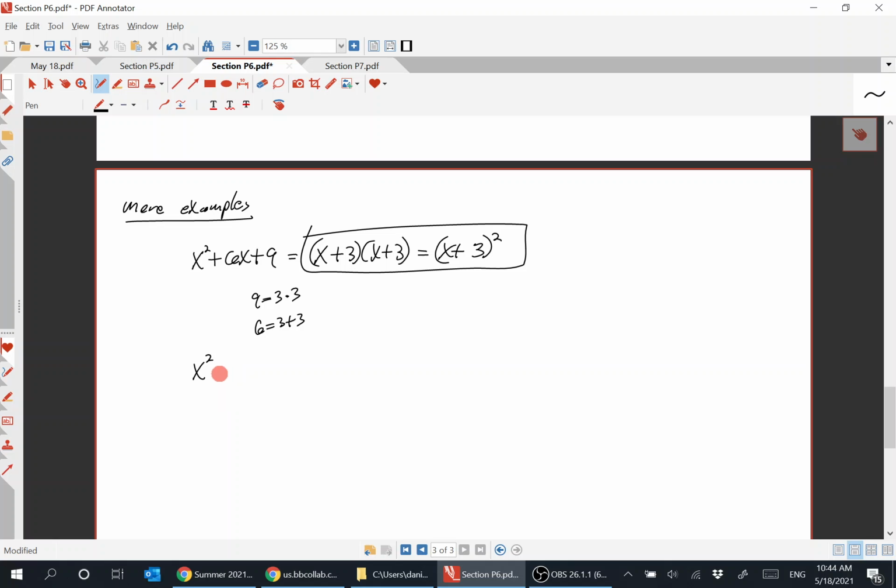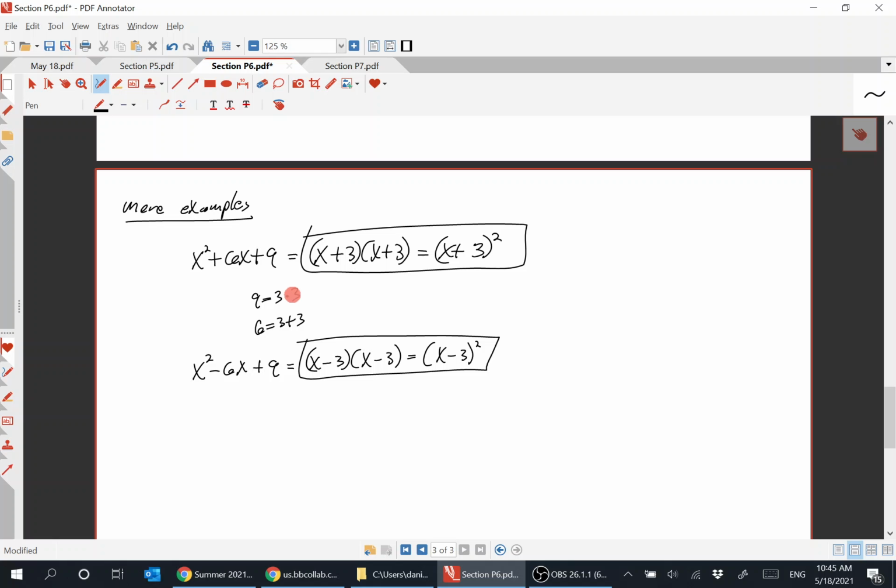Similarly, if you had x squared minus 6x plus 9, this is going to be x minus 3 times x minus 3, which is x minus 3 squared. Both of these are in factored form because the final operation is multiplication or exponentiation.